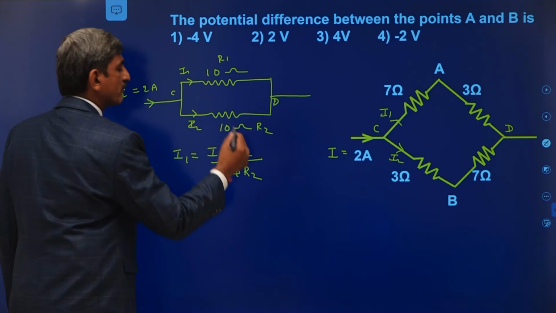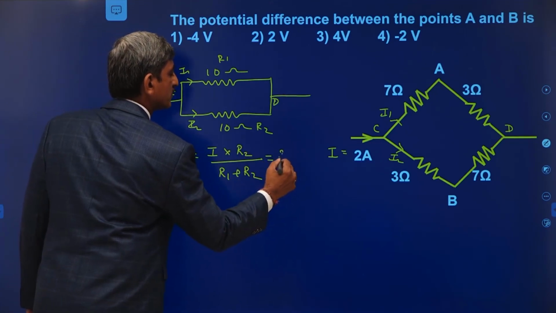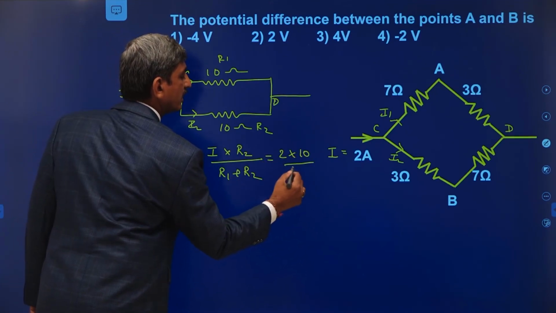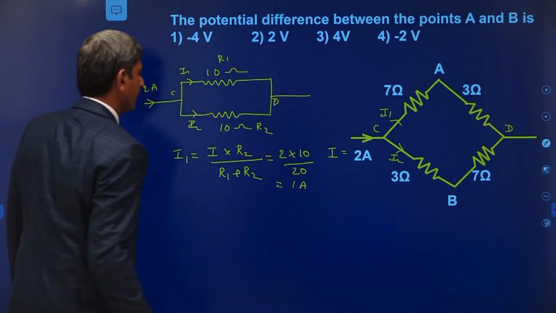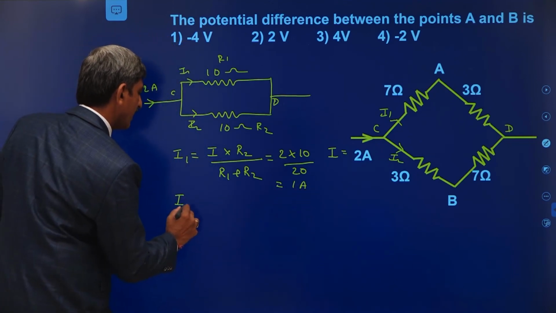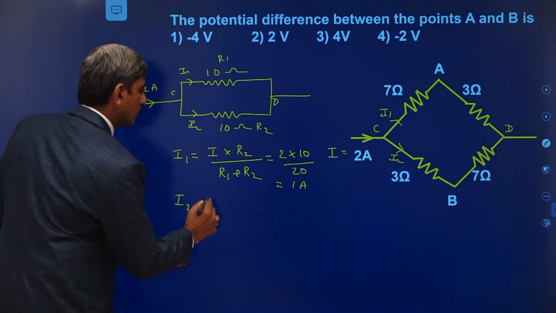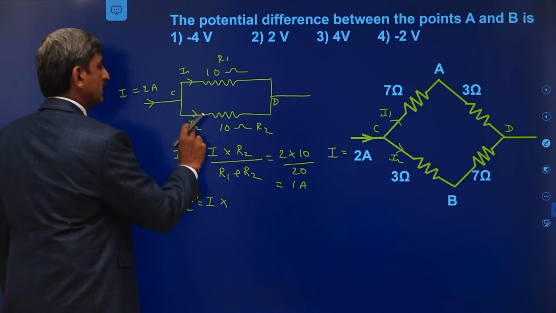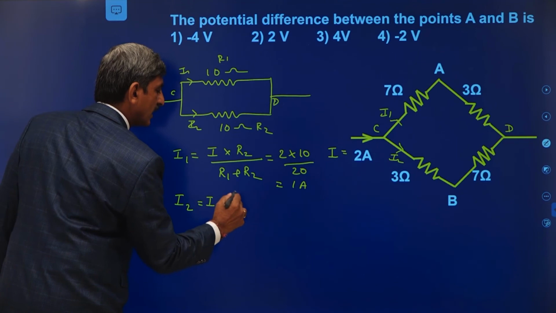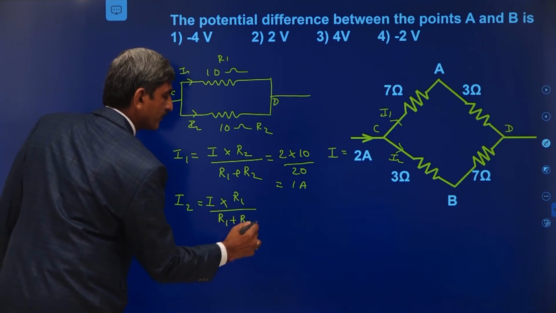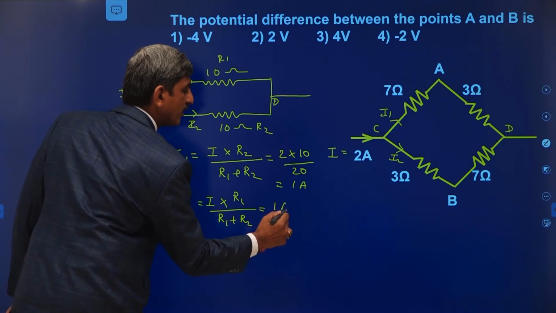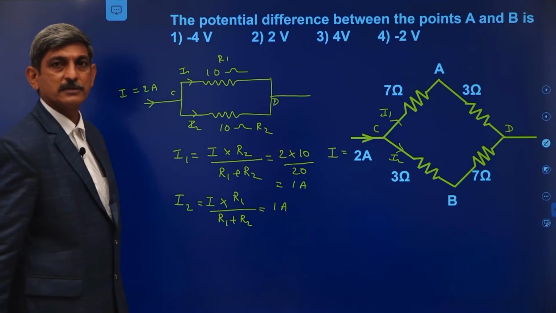Substituting I, R1 and R2 values, it becomes 2 into 10 divided by 20, that is equal to 1 ampere. Similarly, the current I2 is equal to the total current I into the resistance in the opposite branch R1 divided by the sum of the two resistors. So this is also obtained as 1 ampere.